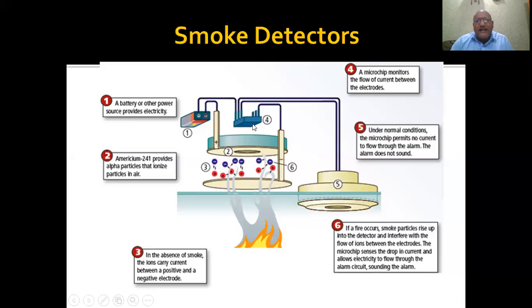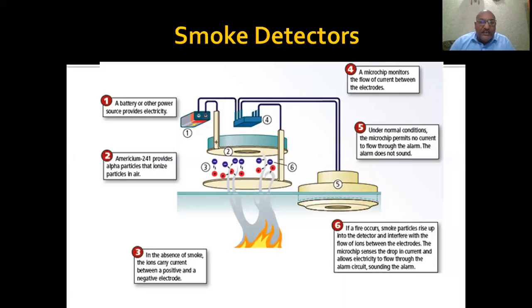Here we have connected a microchip, and you don't need to go into the details of this microchip. The function of this microchip is to monitor the current flowing between the electrodes. This microchip is also connected with the alarm.